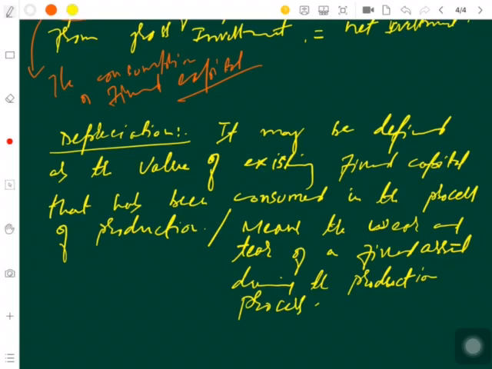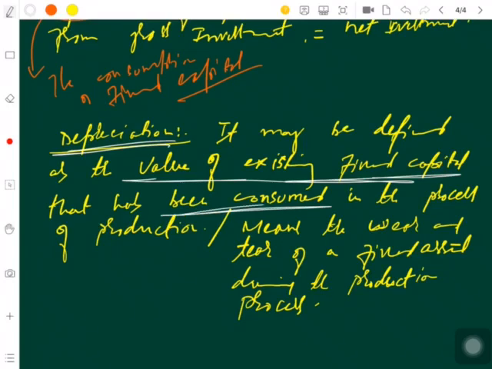Look at the definition, it's very important. Depreciation is the value of existing fixed capital stock that has been consumed in the process of production, or it is the wear and tear. Suppose I bought a car in the year 2018 for 700,000.